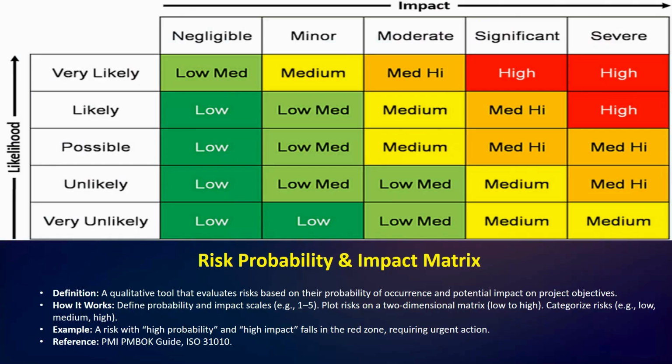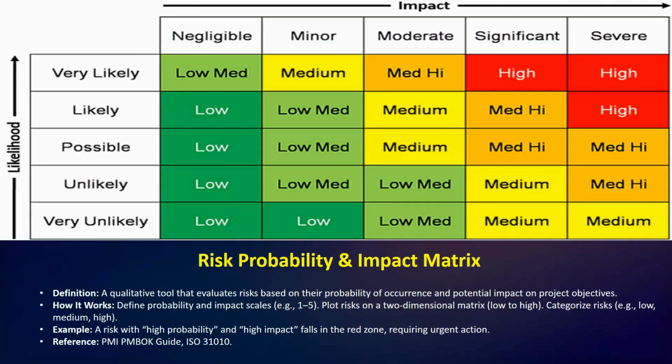Imagine a simple two-axis chart. On one axis we have the probability of a risk happening, and on the other we have its impact if it does happen. We use a simple scale, say from 1 to 5 for both, and we then plot each risk on this matrix.